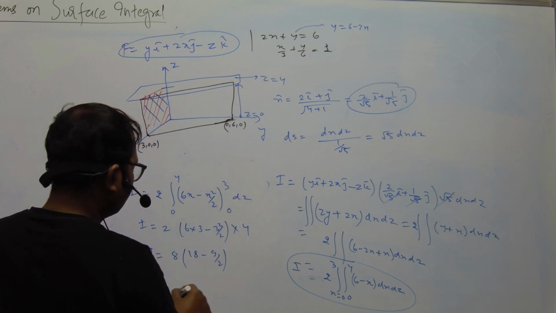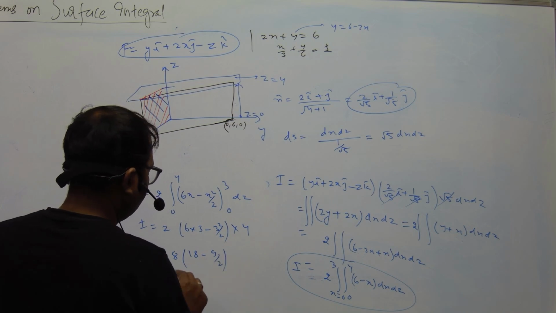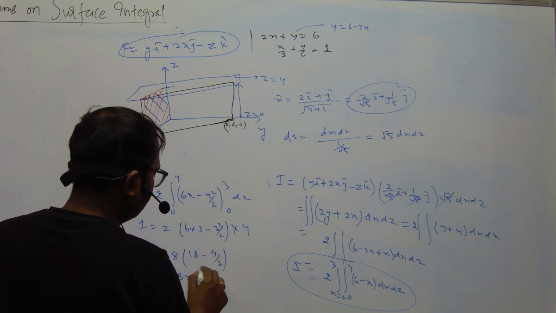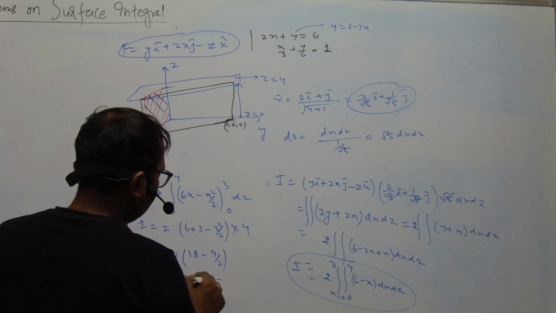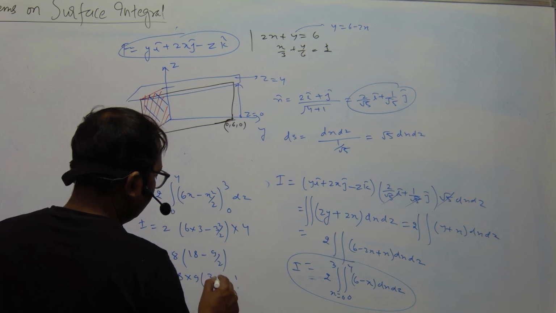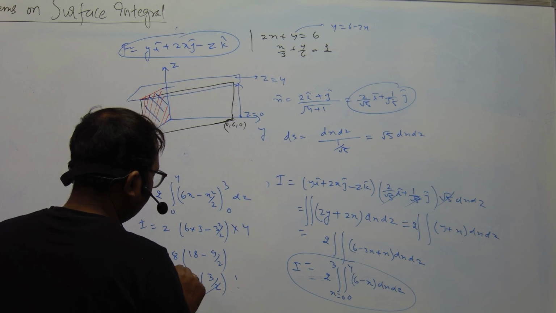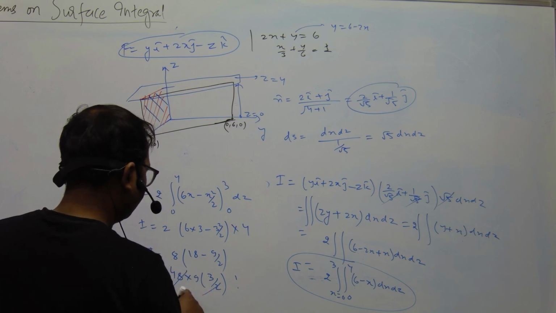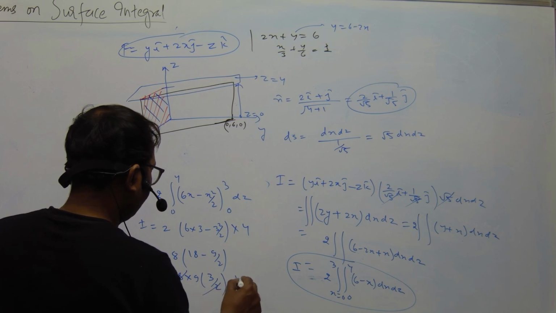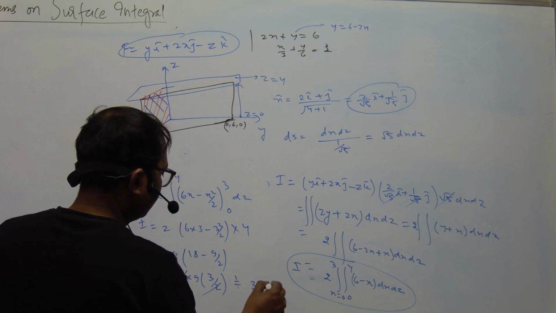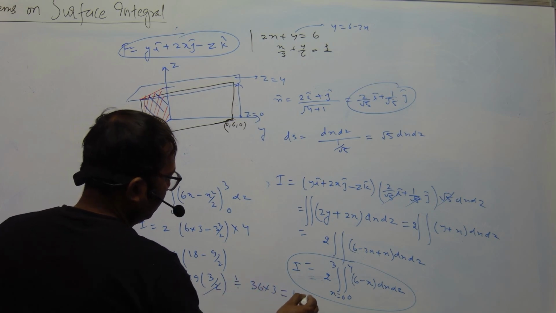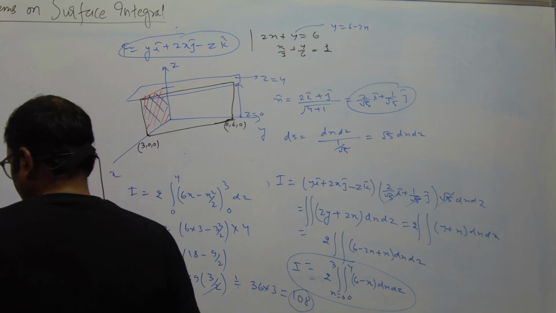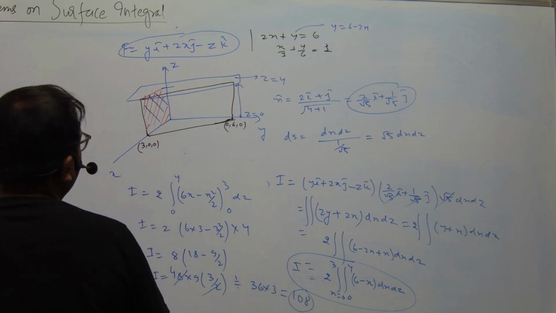Let us take 9 outside: I is equal to 8 into 9 times 2 minus 1 upon 2, which gives 3 upon 2 into 9 into 8, and that is 108.